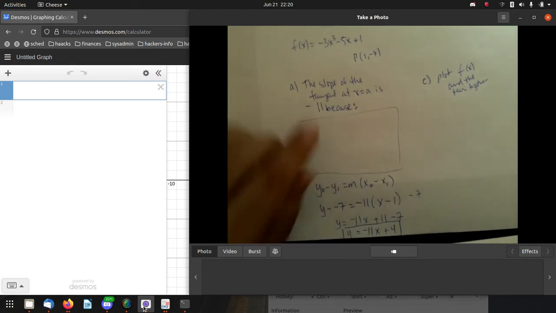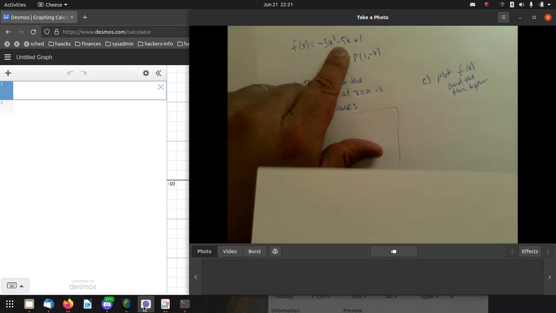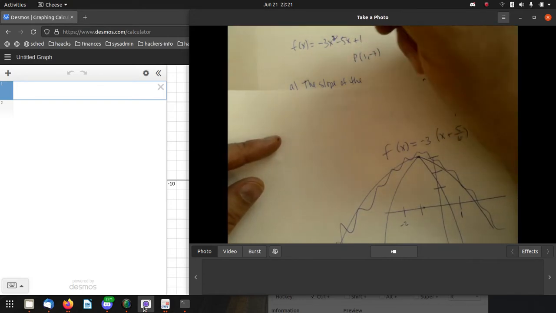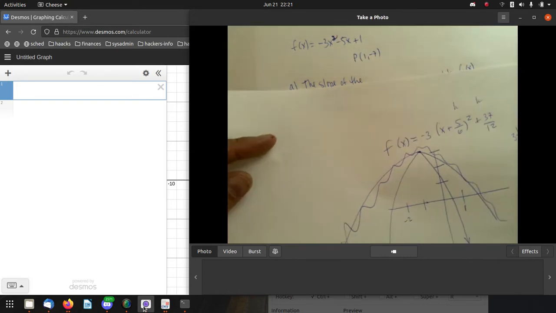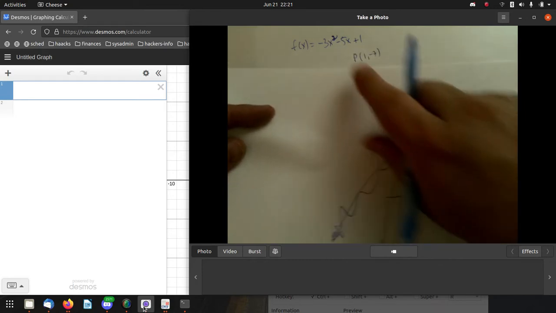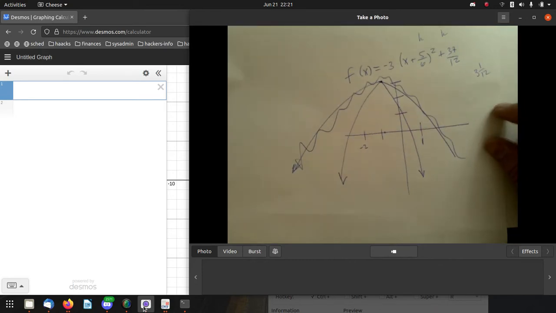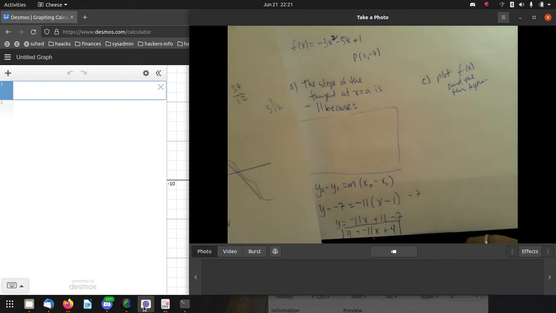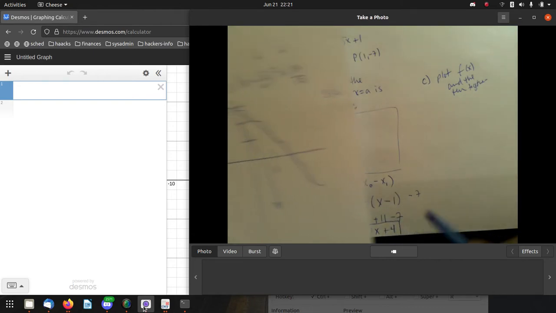Remember, we took the -3x squared minus 5x. We already took this guy and I showed you how you could have plotted it without relying on technology. And then we can see that the tangent line is -11x, which is really steep, plus 4.